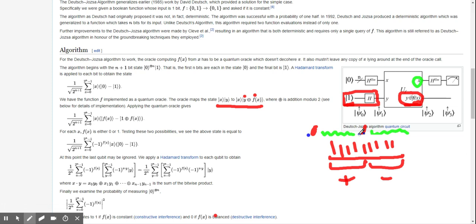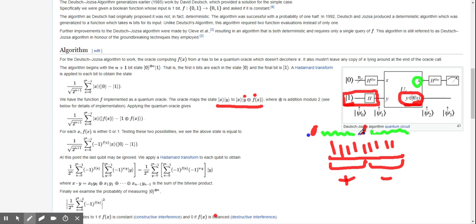So basically, let's assume the function is constant, right? If the function is constant, it means it outputs 0 all the time or 1 all the time.